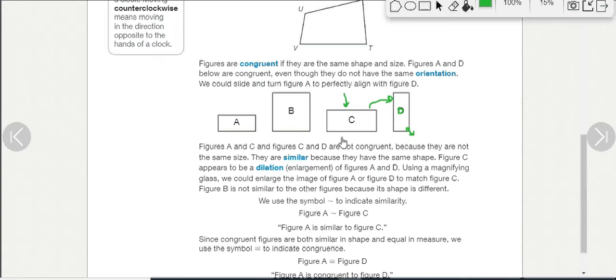Figure C appears to be a dilation or an enlargement of figures A and D, which are similar to each other. So A and D are congruent to each other. C is only similar, not congruent, because it's a different size, but the same shape, just bigger. So C was dilated or enlarged, means to make bigger.